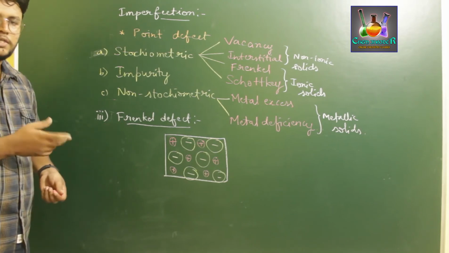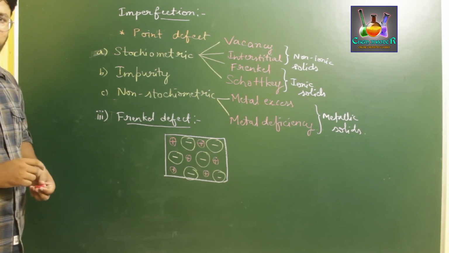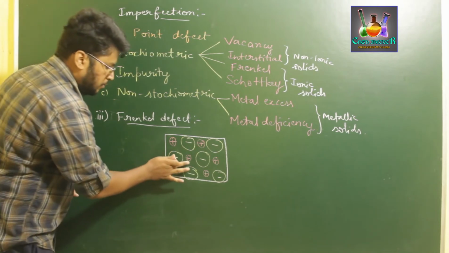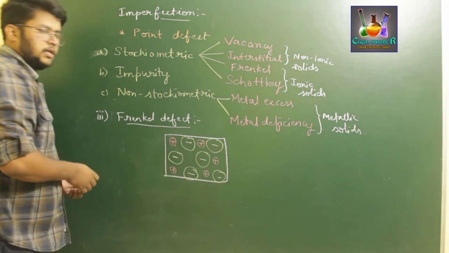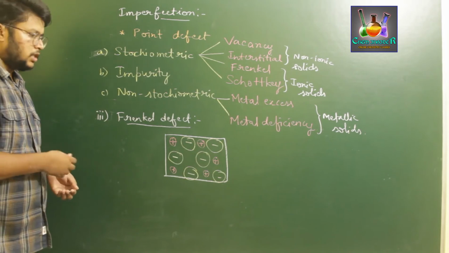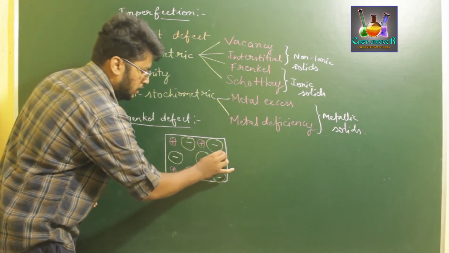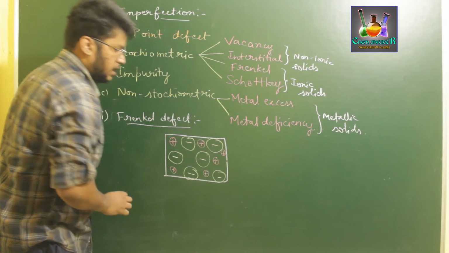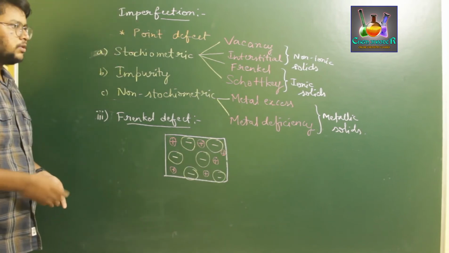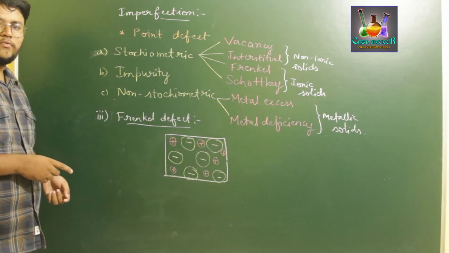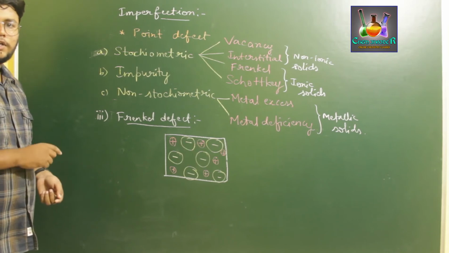There are 6 cations and 6 anions. What happens in the Frenkel defect is that one of the cations creates a vacancy in its original lattice site and gets positioned at a different site, thus creating both interstitial and vacancy defect at a time in an ionic solid.